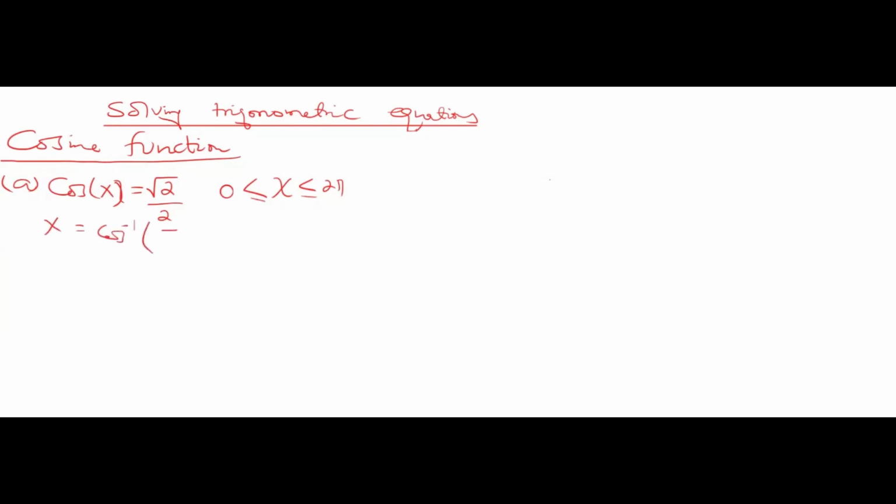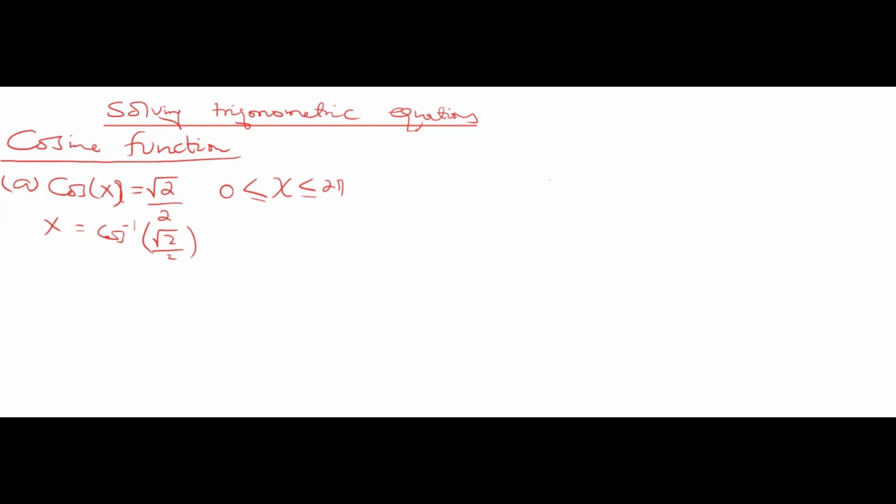The cosine inverse of square root of 2 over 2. Well, this is based on our unit circle. If you didn't understand where the exact angle for square root 2 over 2 comes from, make sure you watch the unit circle lesson and it will make sense to you.